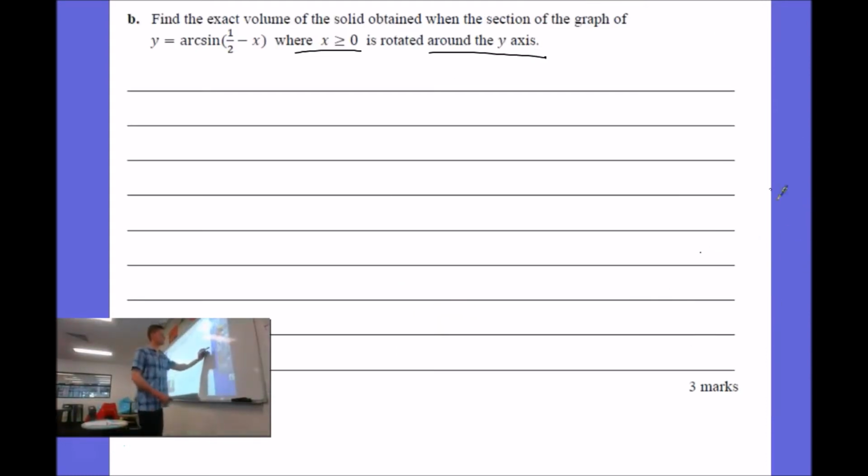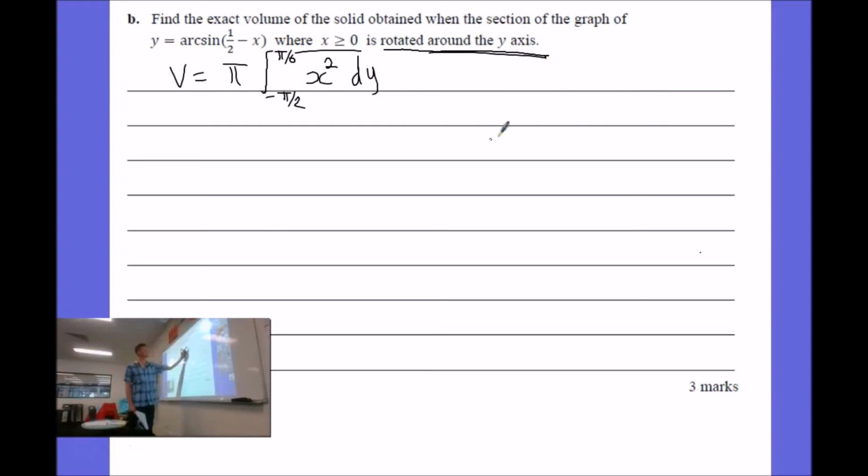So a volume integral: pi, the lower bound is minus pi on 2, the upper bound is pi on 6, of x as a function of y being squared, and we're integrating with respect to y, since we're doing a rotation around the y-axis.